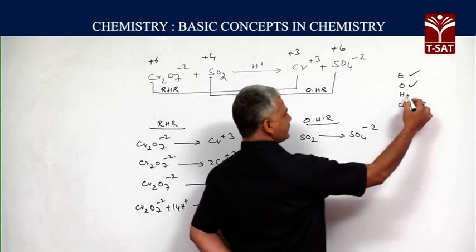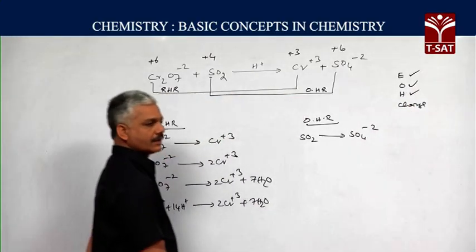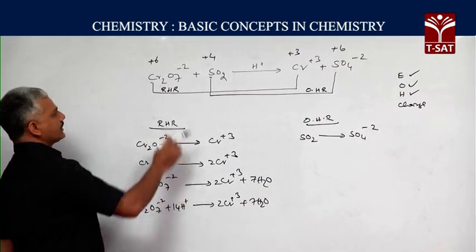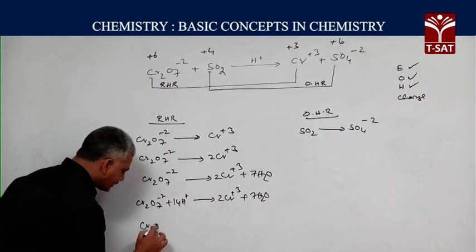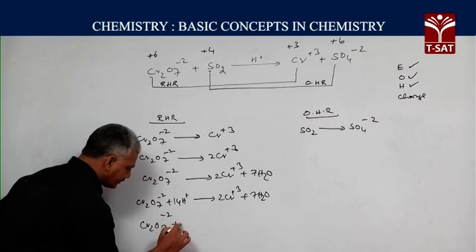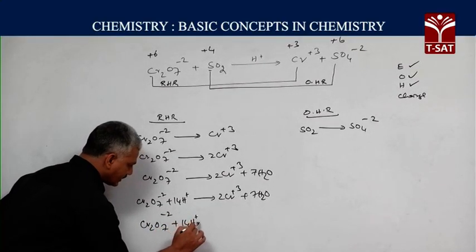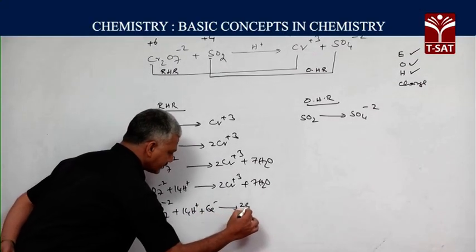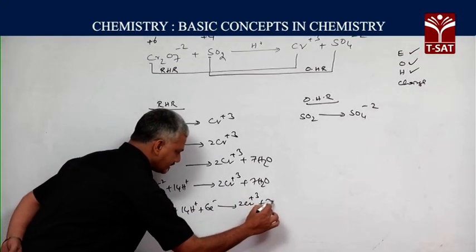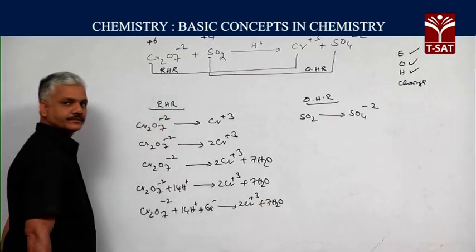Now, hydrogen is balanced. Now, to balance the charge, we have to consider the difference in oxidation states. Cr2O7 2- plus 14H+ plus 6 electrons gives 2Cr 3+ plus 7H2O.